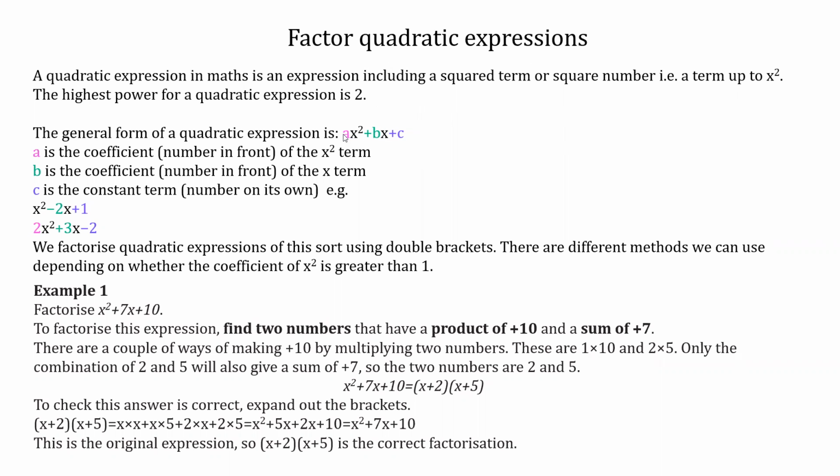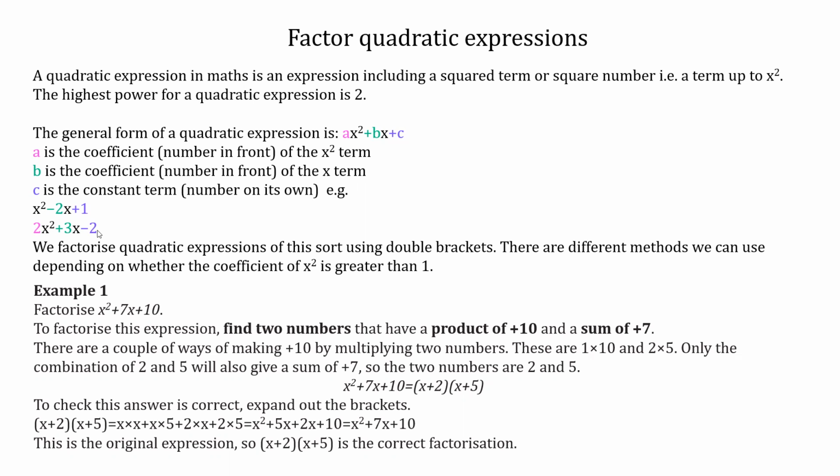Here a is the coefficient of x squared, b is the coefficient of the x term, and c is the constant.